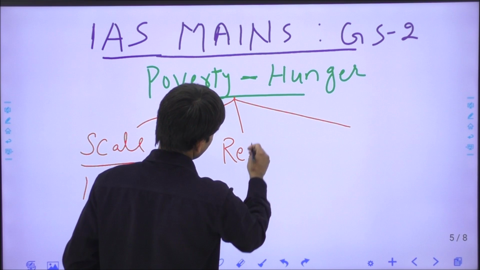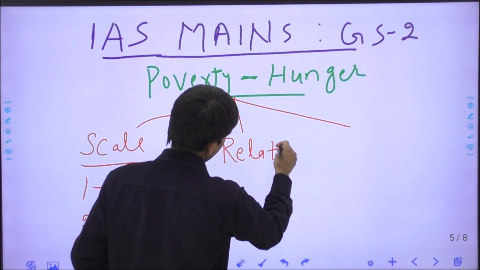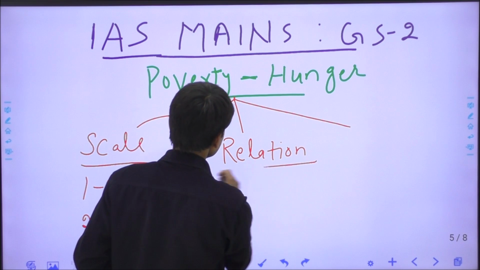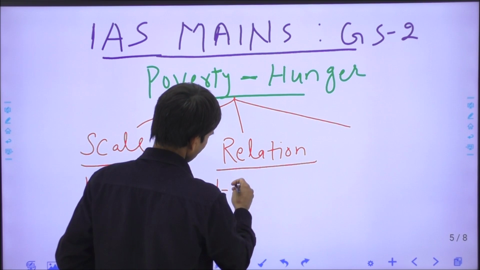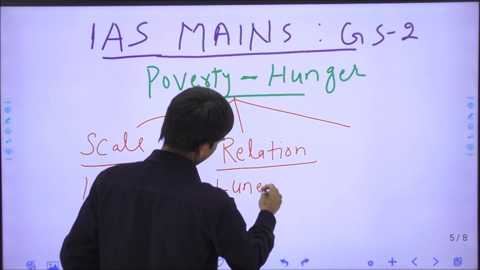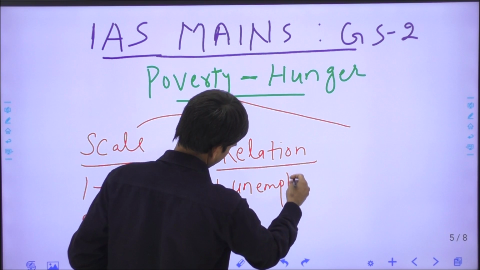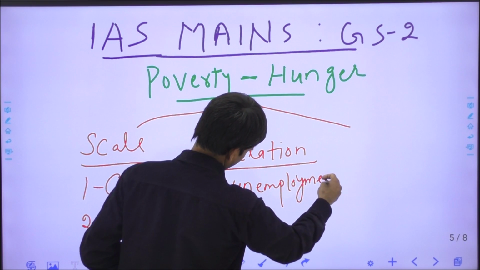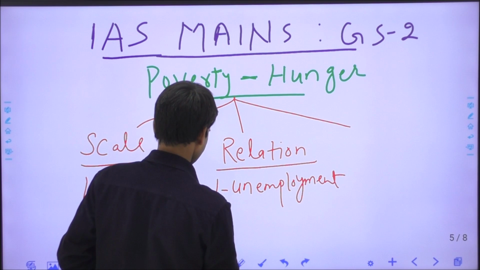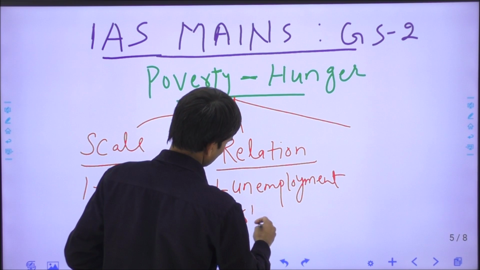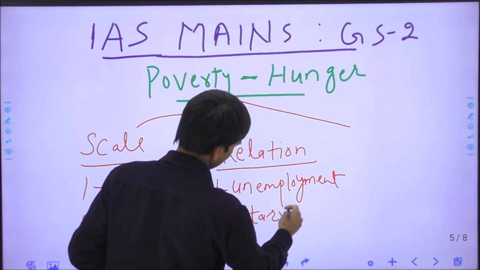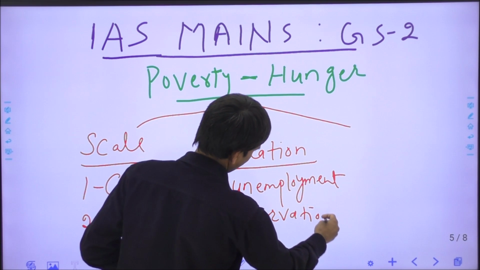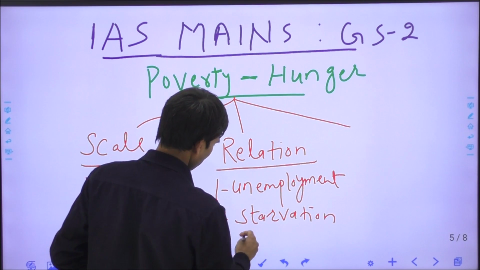Second is the relations of poverty with unemployment, starvation and malnutrition.